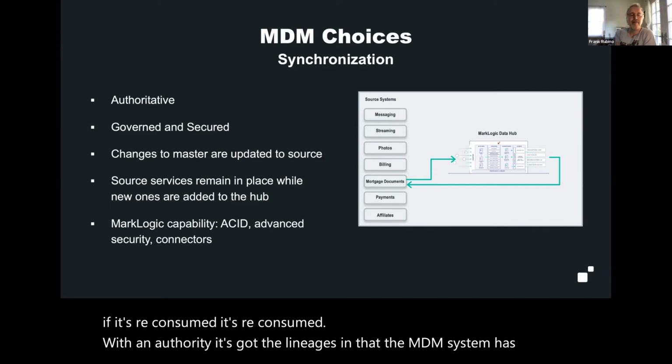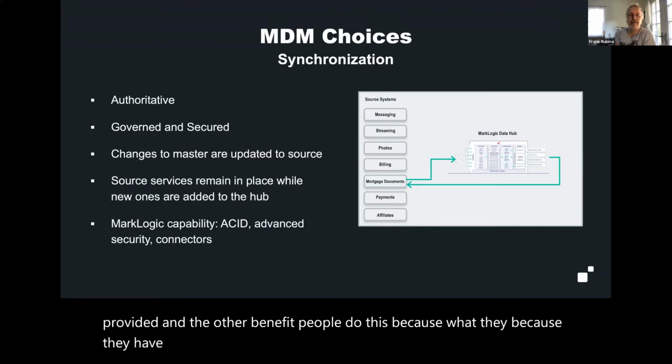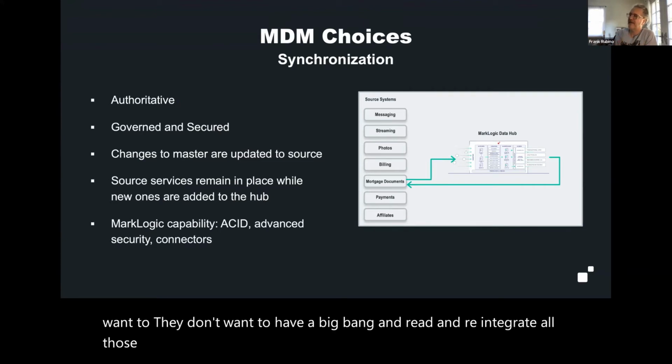And the other benefit, people do this because they have a lot of client systems on the system of record, and they don't want to have a big bang and reintegrate all those systems to the right side of the MDM.